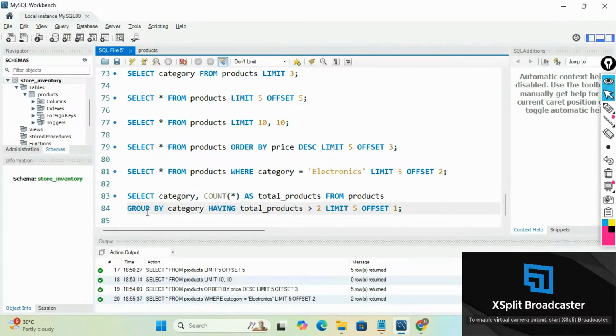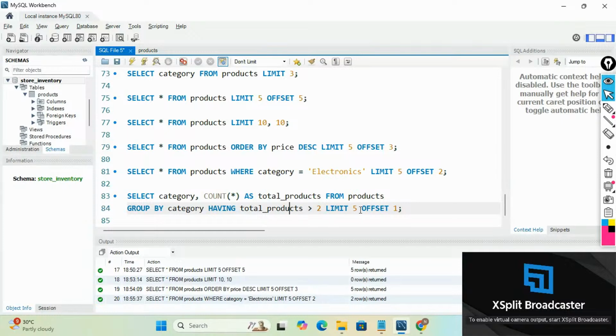So what happens? Initially, it groups the data based on category. Once after grouping the data based on category, it checks if the number of products under each and every category is greater than two. Yes, in each and every category we have more than two products. Then limit them to five.